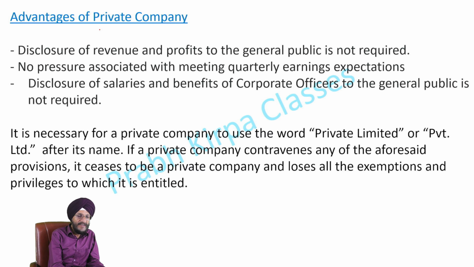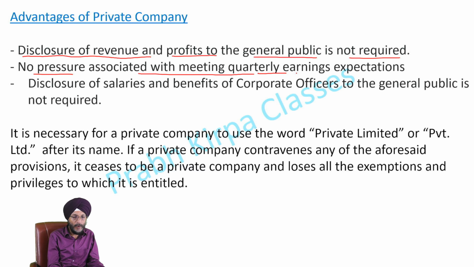What are the advantages of private companies? Number one, disclosure of revenue and profits to the general public is not required. There is no pressure associated with meeting quarterly earning expectations. Next, disclosure of salaries and benefits of corporate officers to the general public is not required.